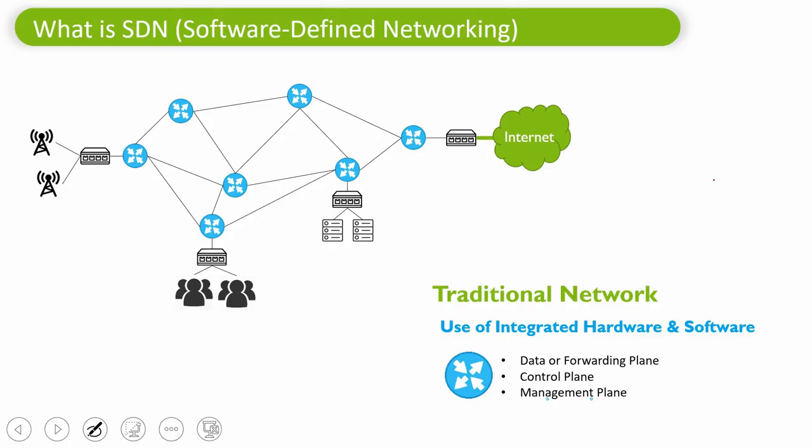SDN aims to centralize the command and control into a central node, and distribute the entire thing into a different control plane and a different data forwarding plane. Let's understand how these different planes work.